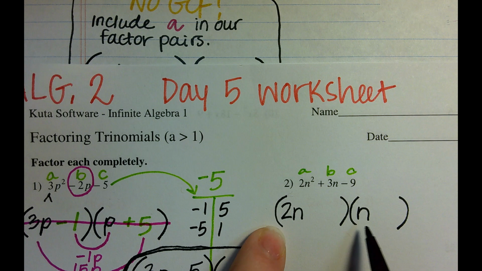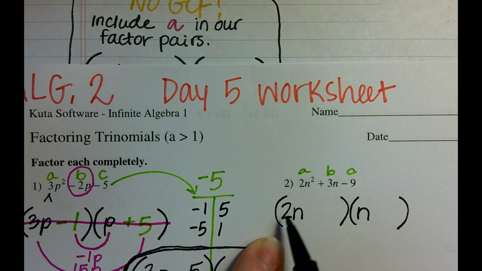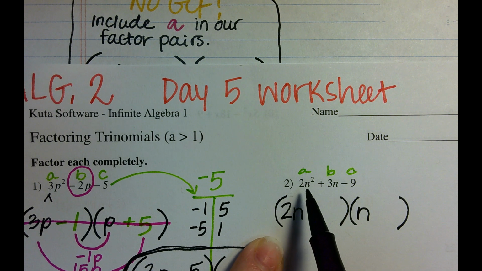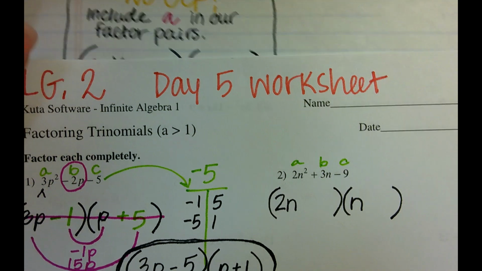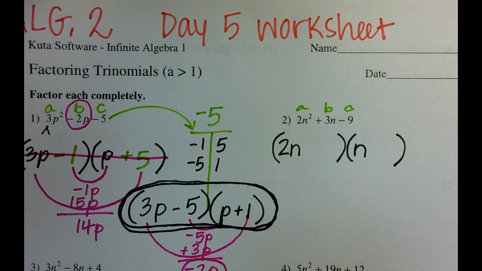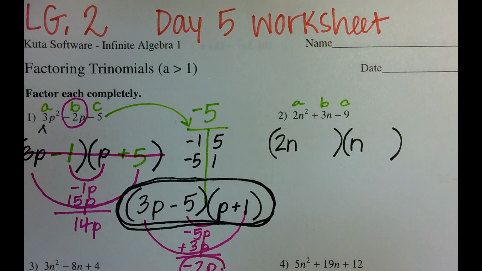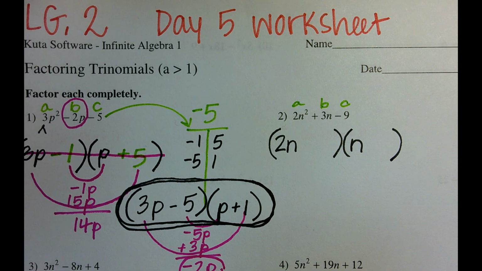And we're doing that because we need our first term to multiply to 2n squared. 2n times n is 2n squared, so that works. Okay, so now we have A included. Where do we go from here?